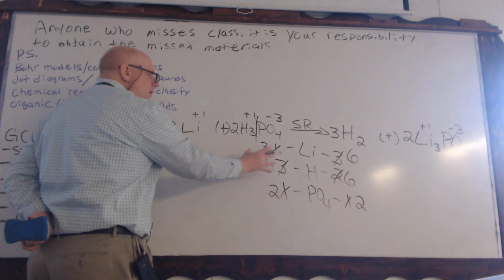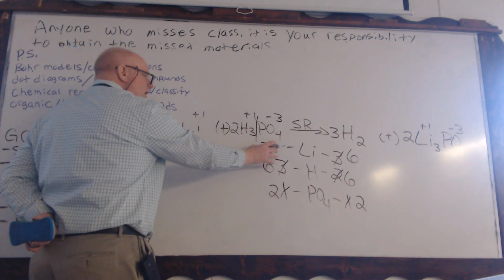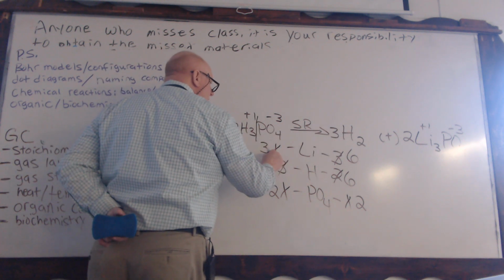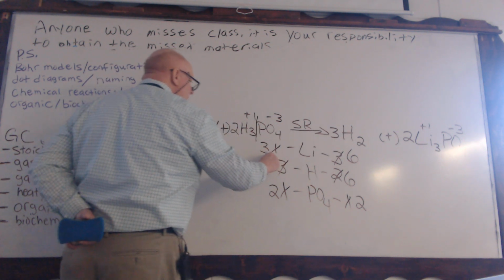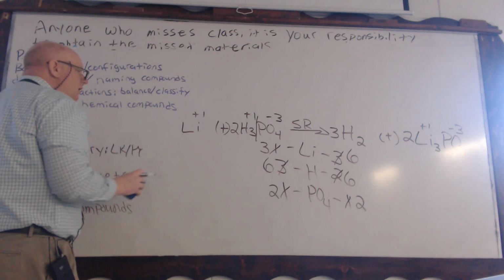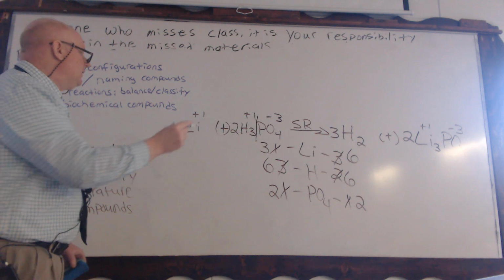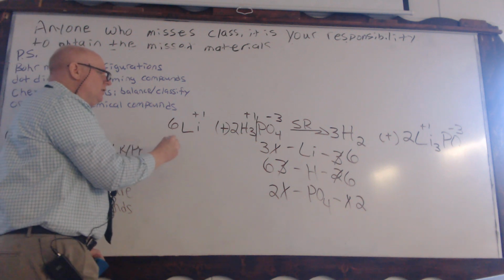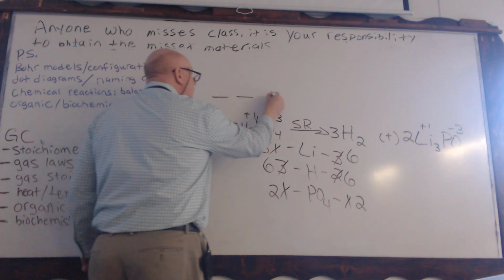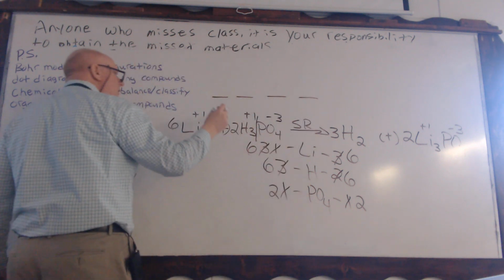And then what we see here, pretty simple. We got 6 lithiums over here and 3 on this side, but we can certainly take this out of here and change that 3 to what? Once we do that, then that changes that to a 6. Okay?